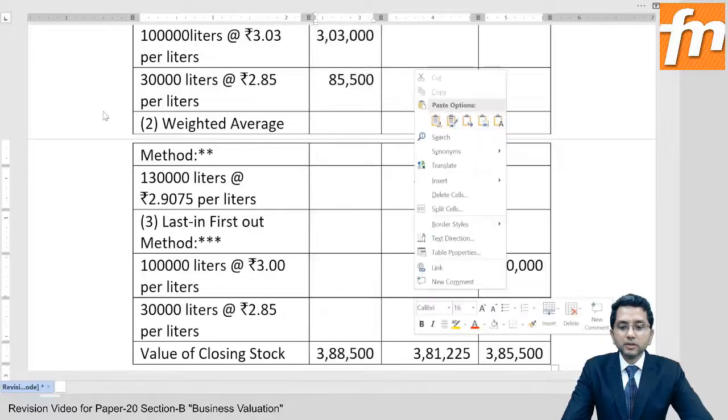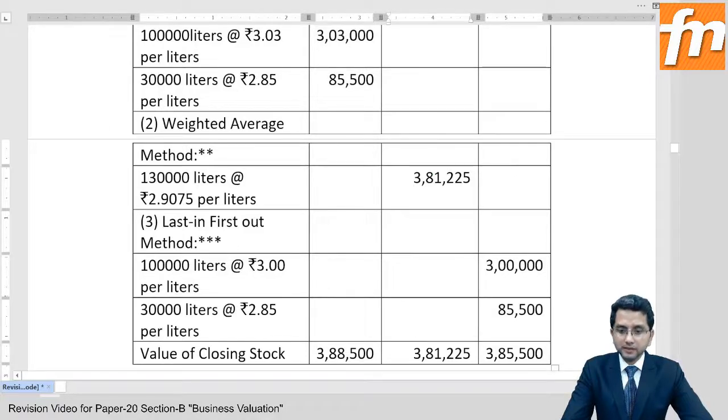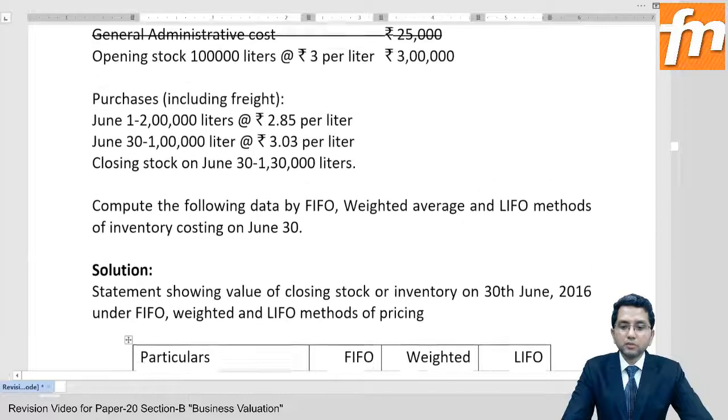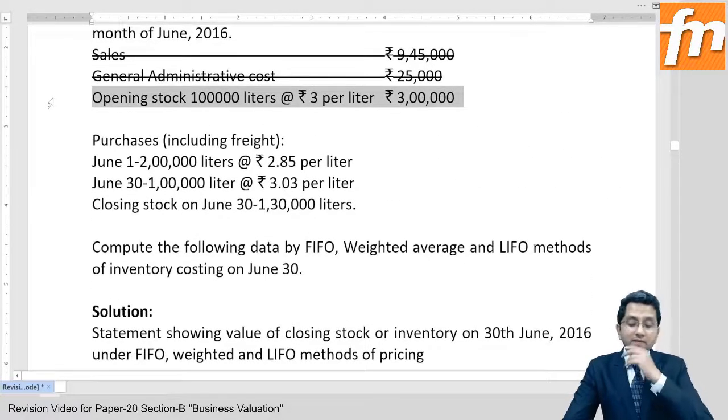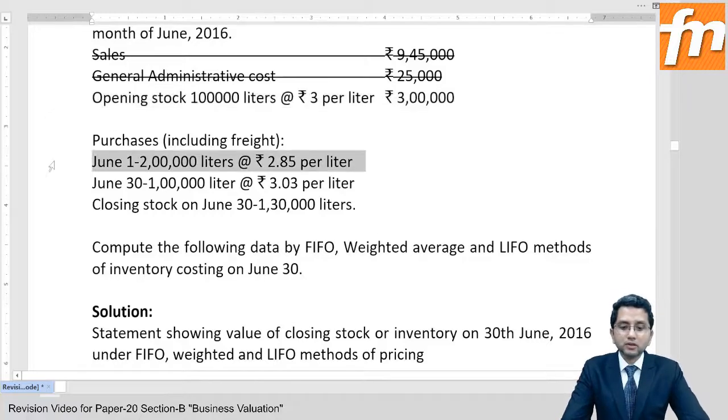Great. Then let's talk about the weighted average method. Now here I need to calculate weighted average of opening stock and purchase. So weighted average of 3 rupees, 2.85 rupees and 3.03 rupees, when the weight assigned is 1 lakh, 2 lakh and 1 lakh.